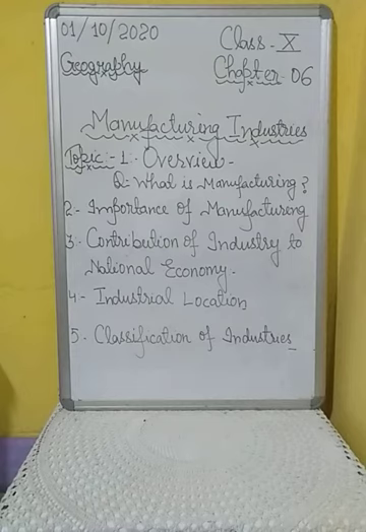So joint sector industries are those which are jointly run by the government and a group of individuals. We can say in another way that it is a mixture of public and private sector. For example, Oil India Limited.